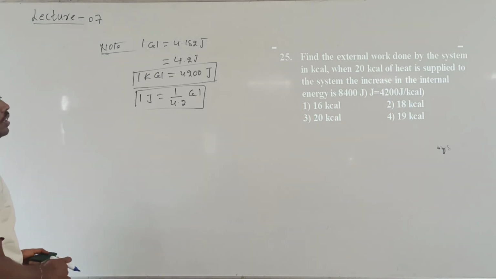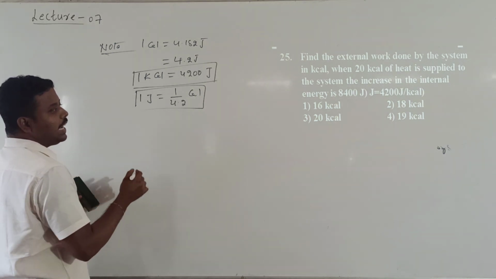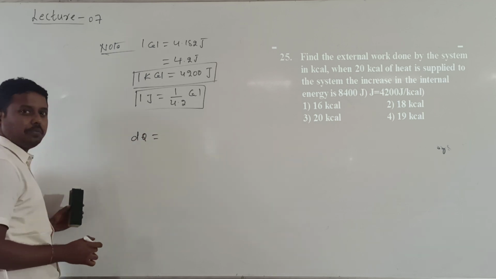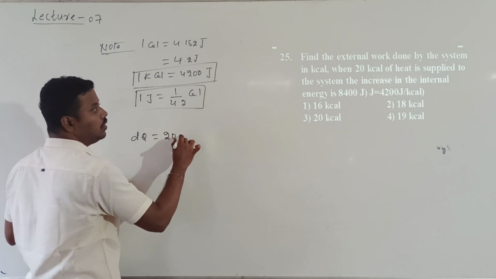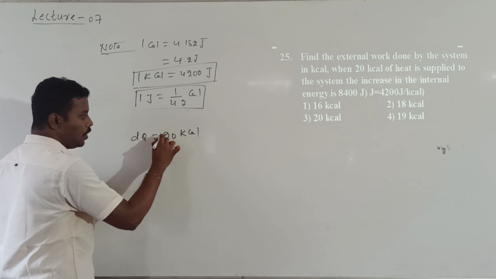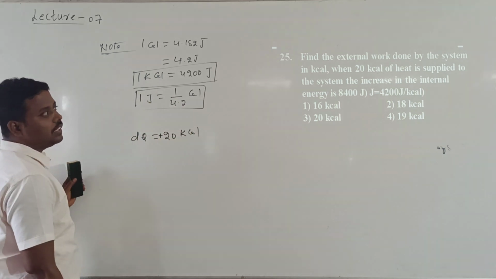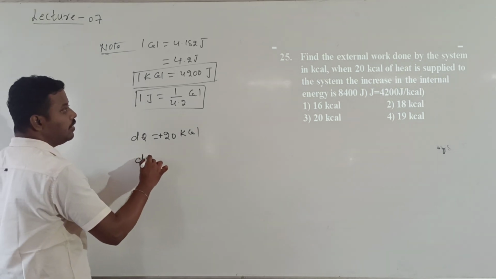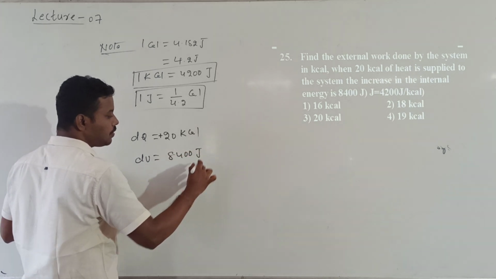Now see the question. Find the external work done by the system in kilocalories. Heat is supplied, so dQ is positive: dQ is plus 20 kilocalories, heat given to the system. Then they ask about the increase in internal energy, dU, which is 8400 joules.